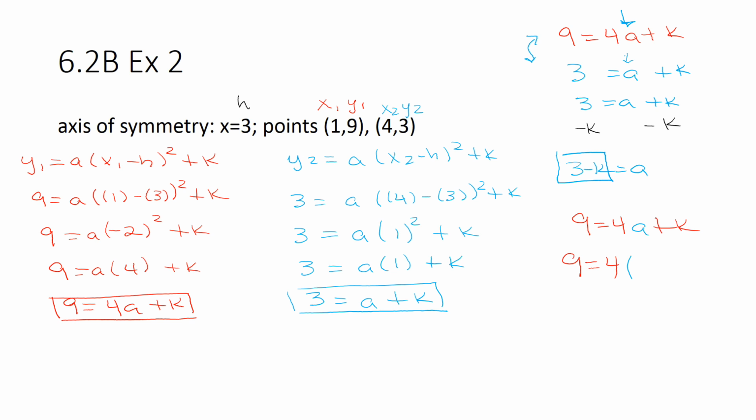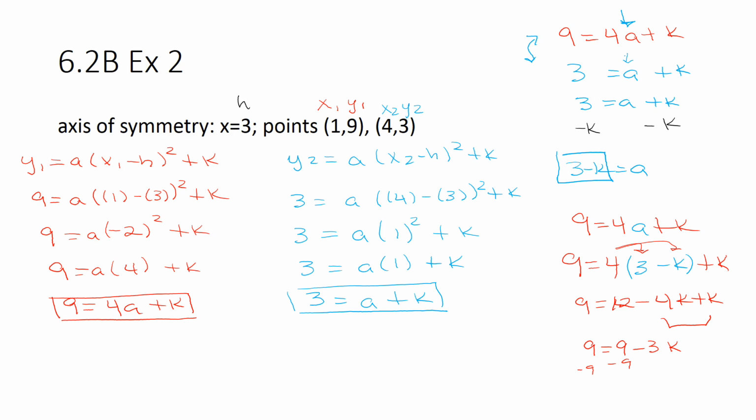I know a is equal to 3 minus k, and bring down my k. So now I'm just going to solve this equation. Distribute that 4. 9 is equal to 12 minus 4k plus k. Combine these k's over here, they're like terms. Negative 4 plus 1 is negative 3k.